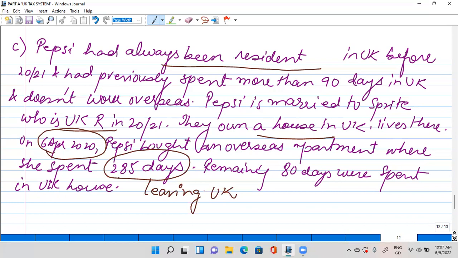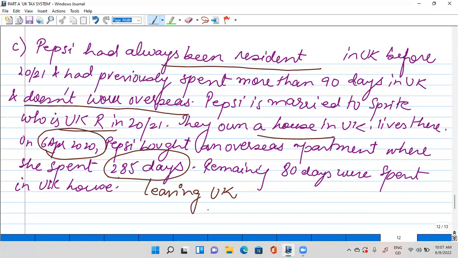She does not satisfy any of the automatic overseas tests because she spent more than 16 days. Because her previous status had been resident, we are not going to look for the 46 days condition. We will be looking at the 16 days, and she does not work overseas, as mentioned here. So she doesn't meet the automatic overseas test.